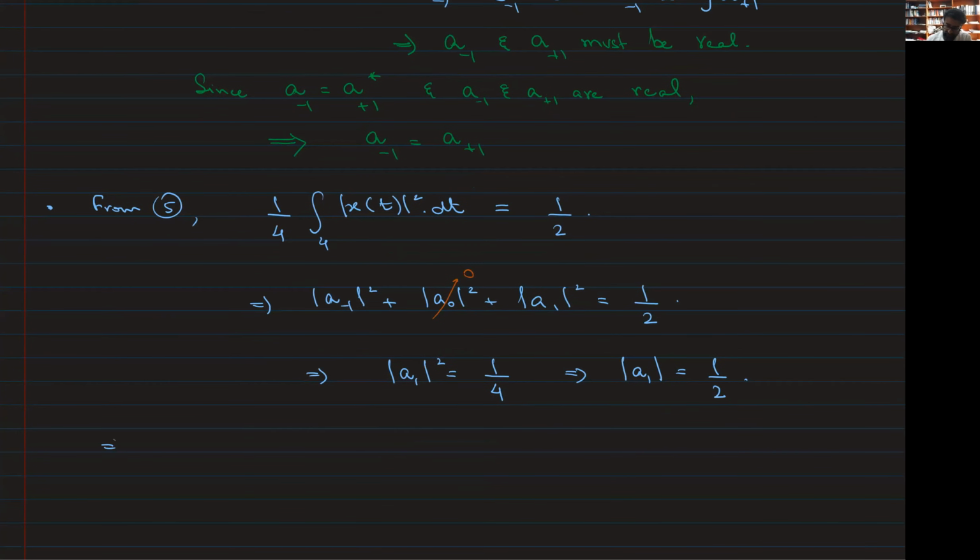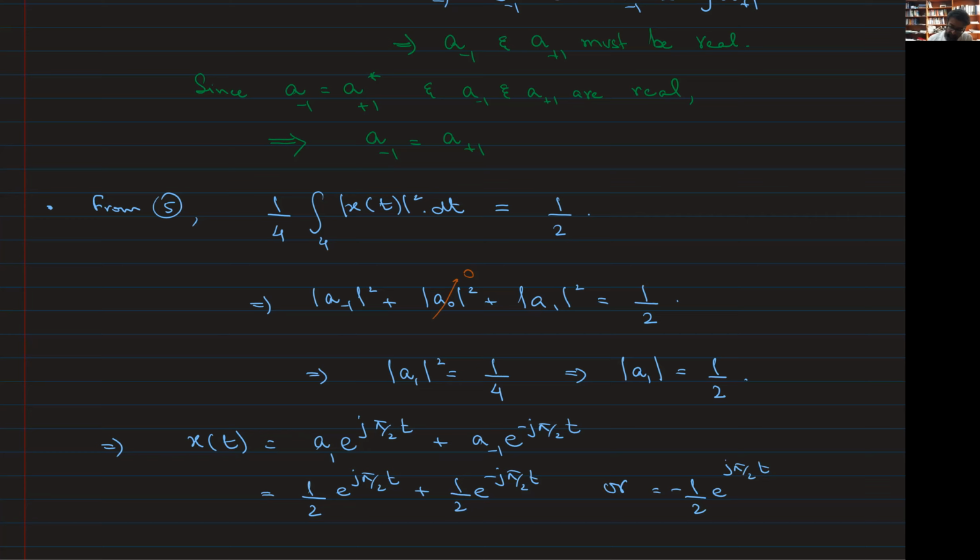So therefore, x of t is equal to A1 e raised to power j pi by 2 t plus A minus 1 e raised to power minus j pi by 2 t. So this is either equal to half e raised to power j pi by 2 t plus half e raised to power minus j pi by 2 t, or minus half e raised to power j pi by 2 t minus half e raised to power minus j pi by 2 t.